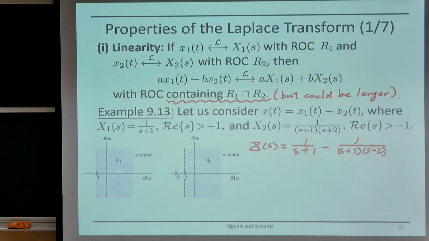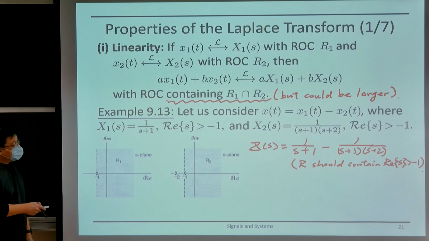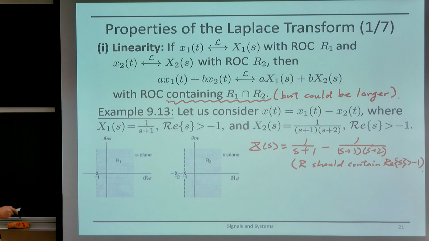And the region of convergence should contain, in this case, R should contain the real part of s greater than -1. But the question is, can it be larger?